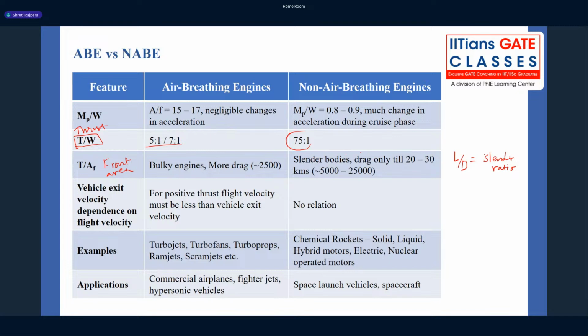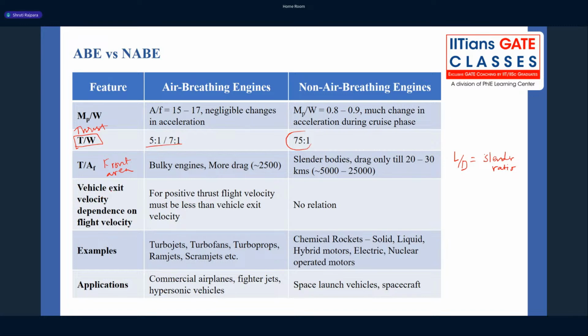This drag is much lower because the frontal area is much lower, whereas the thrust production of non-air breathing engines is much higher. For air breathing engines, since they are bulky in nature, they will produce more drag compared to non-air breathing engines.